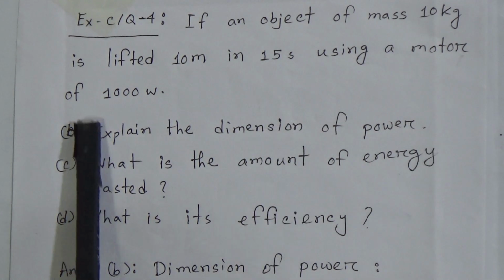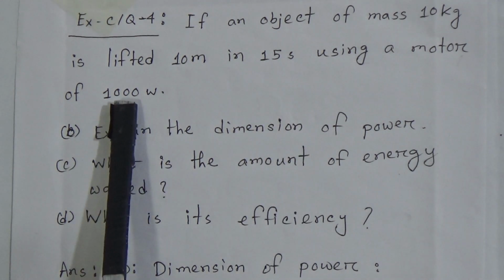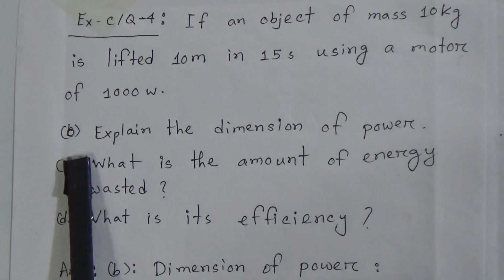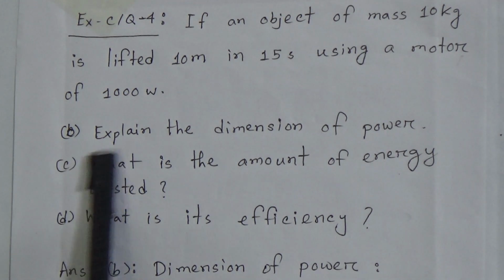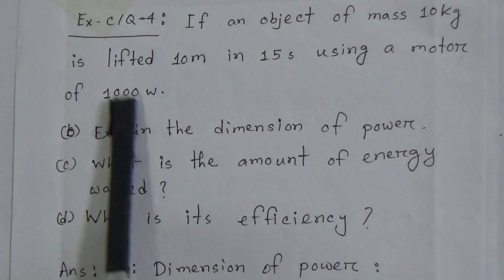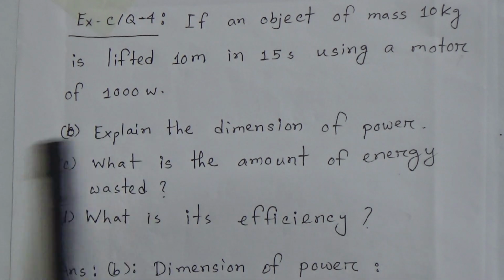By using a motor, that means the power of the motor is also given as 1000 watt. So, my dear students, today we will solve question number B, C and D from this CQ.